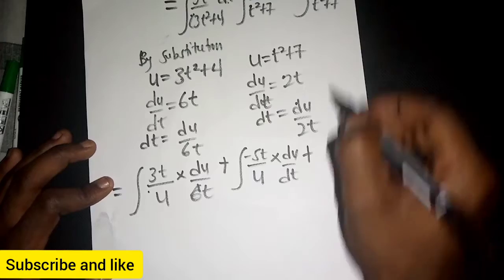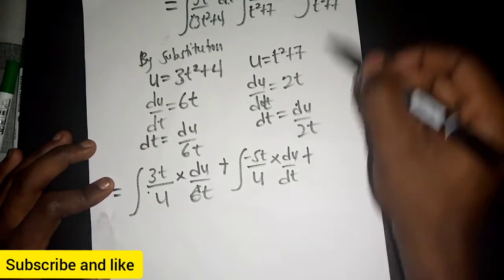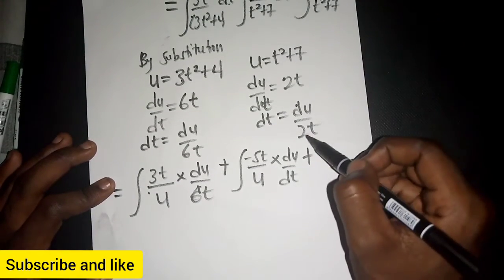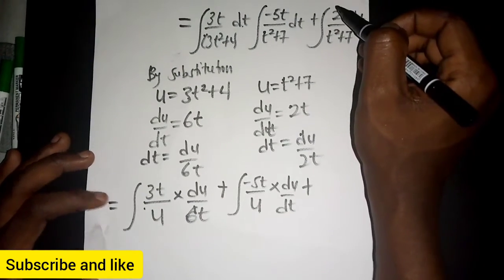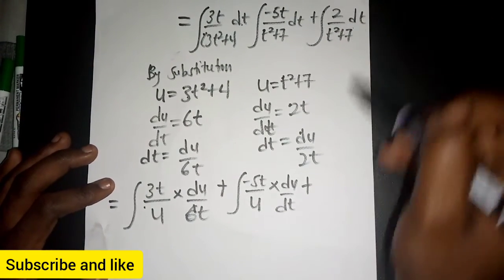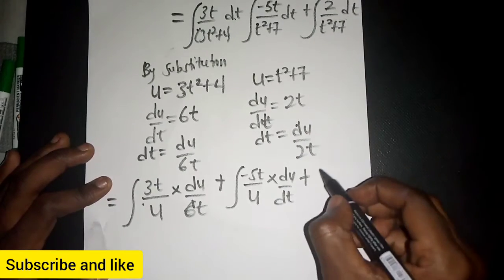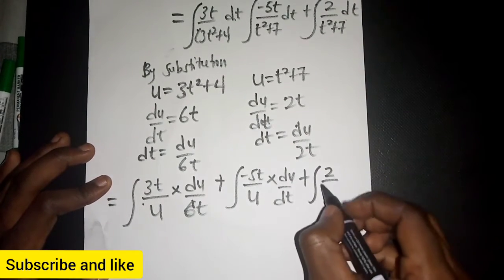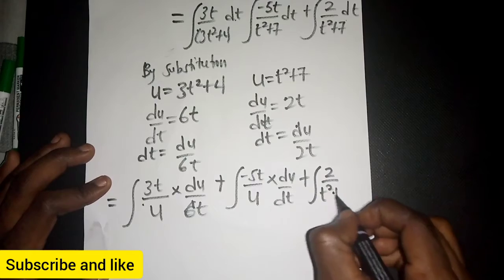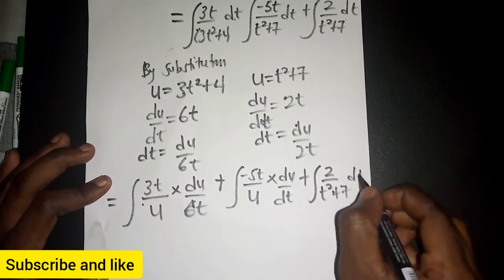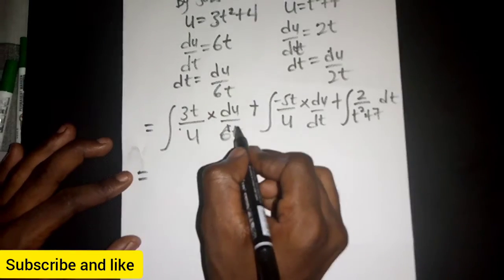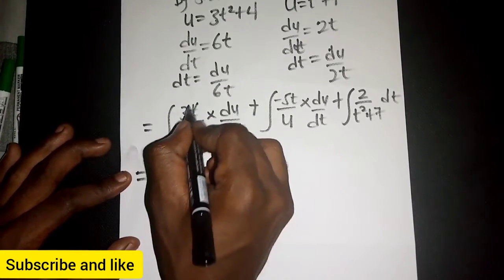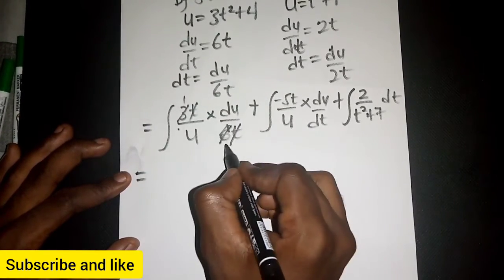Now for this part, if we put u over there and we integrate, you can see that we still have the t in the integral, meanwhile we are integrating with respect to u. So let's leave it this way. We are going to apply a trig substitution over here. Then t cancels t, goes here 1, then goes here 2.